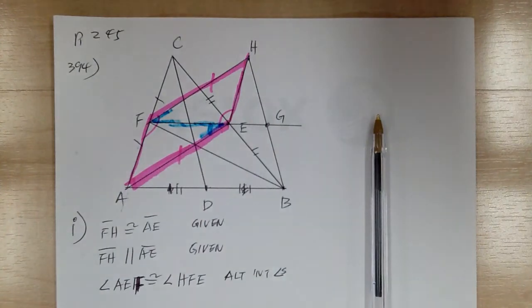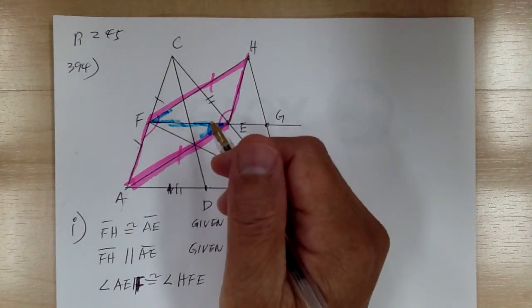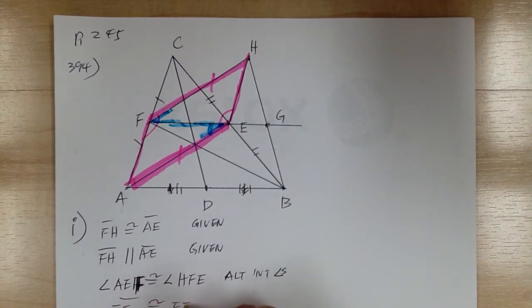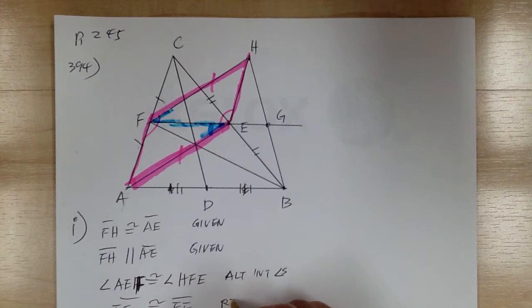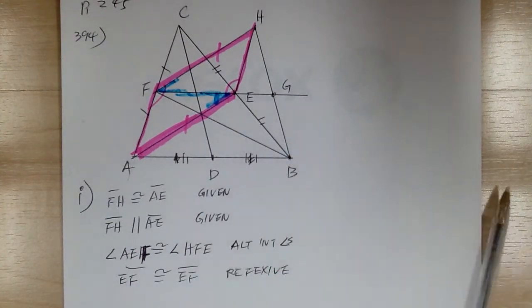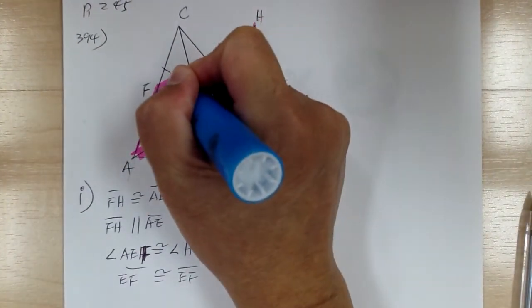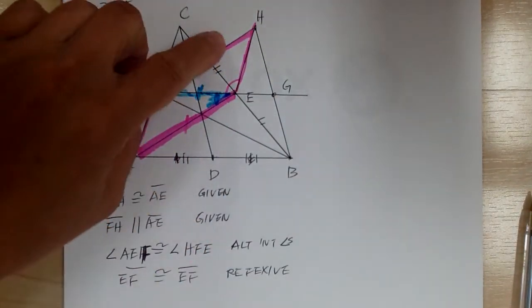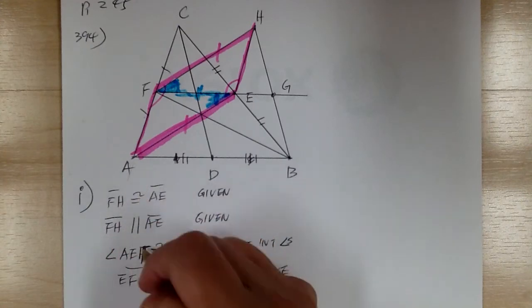And then you have EF is congruent to EF. So this is reflexive. Okay, so you have this angle and you have this over here. So the two triangles are congruent.